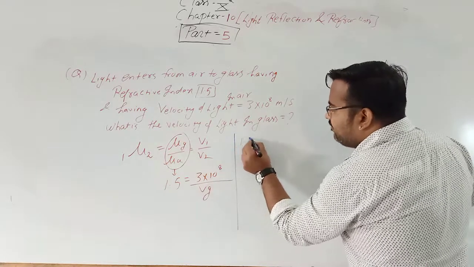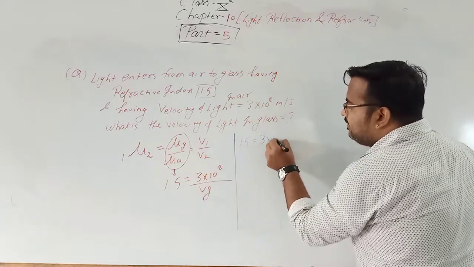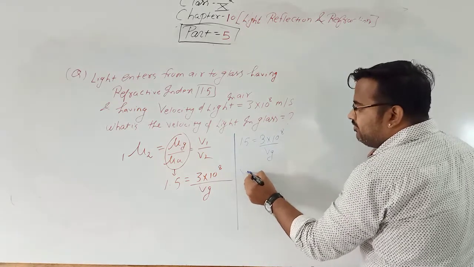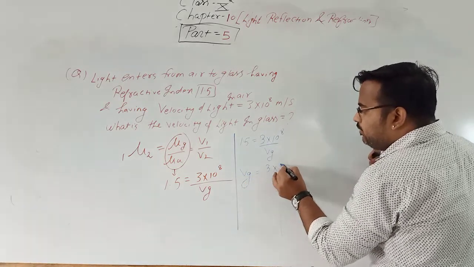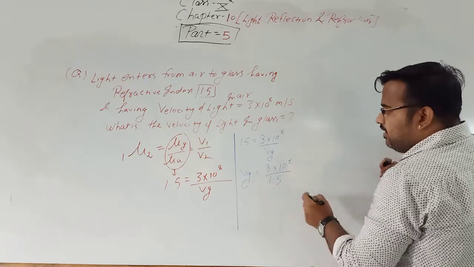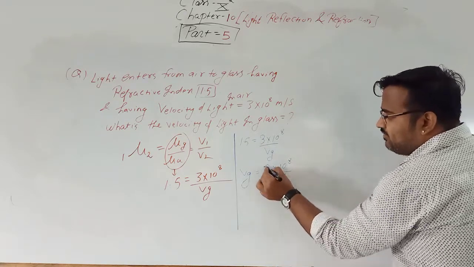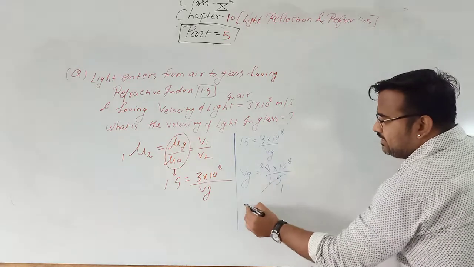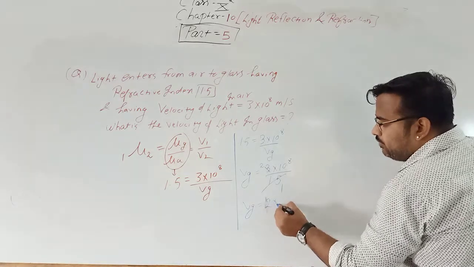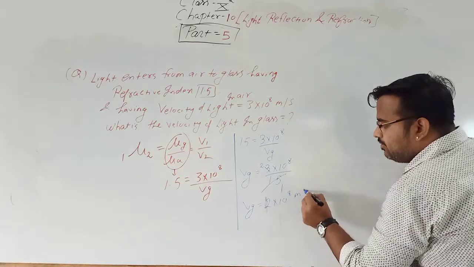See, 1.5 is equal to 3 into 10 raised to 8 upon velocity of light in glass. So the velocity of light in glass is 3 into 10 raised to 8 upon 1.5. Now 1.5 ones are 1.5, 1.5 twos are 3. So velocity of light in glass is 2 into 10 raised to 8 meter per second.